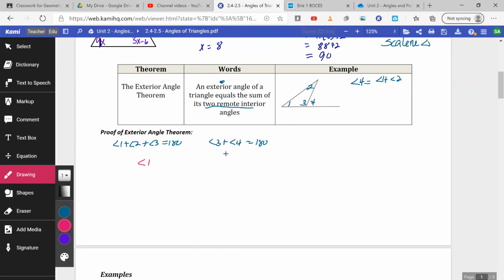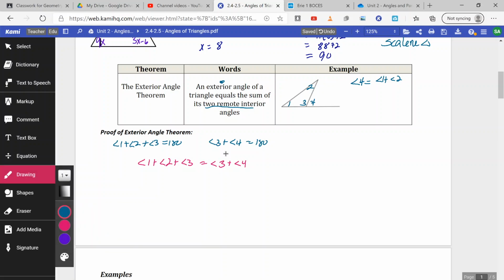So I can say angle 1 plus angle 2 plus angle 3 is equal to angle 3 plus angle 4. And again, it's because when I add these guys up, I get 180. When I add these two up, I get 180. So because they equal the same thing, the two adding parts are also the same. So notice here that in both cases, I have angle 3 on both sides.